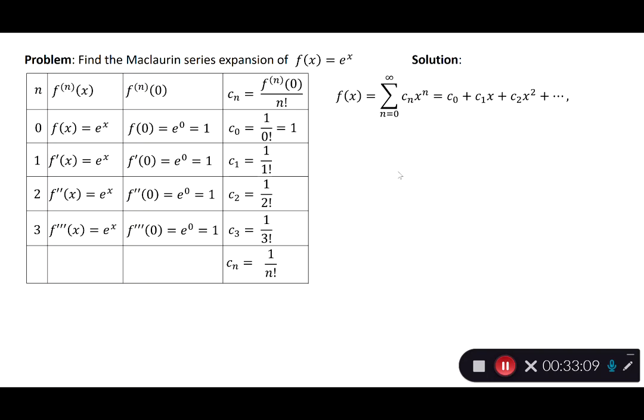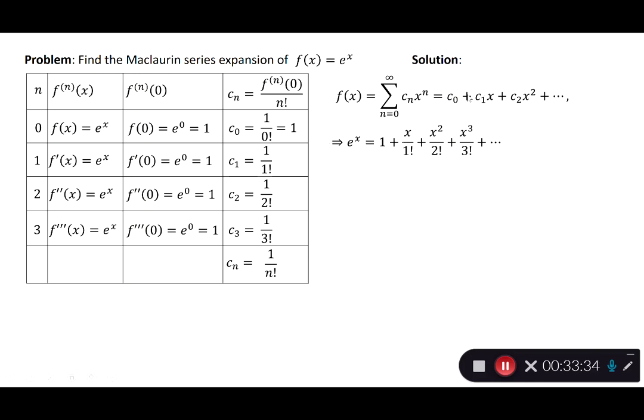Now, here, follow this up with the fact that f of x is e to the x. So be sure to write e to the x, and substitute all the constants that you figured out. So c sub 0, we figured that to be 1. So be sure to write 1.